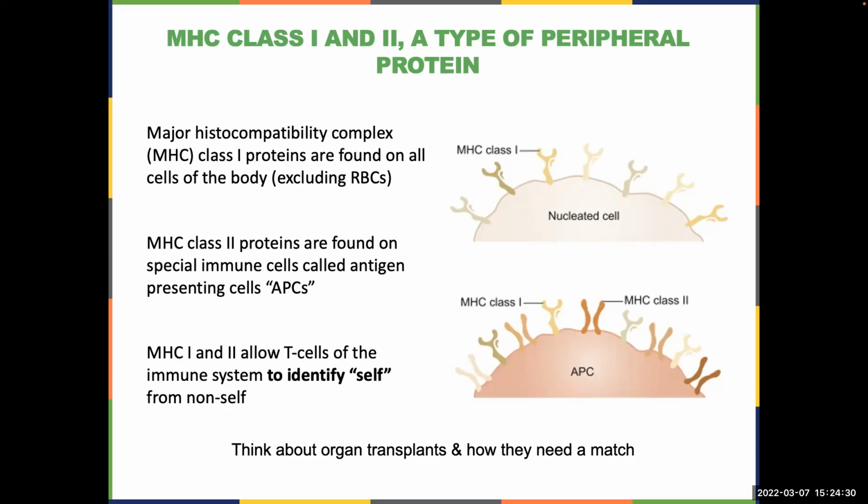Okay, blood is not nucleated. Red blood cells are not nucleated cells. They don't have MHC, but they do have a different type of receptor, a different type of peripheral protein, which you know is like the ABO plus or minus. So you can be O negative or O positive, or type A positive or negative, right?